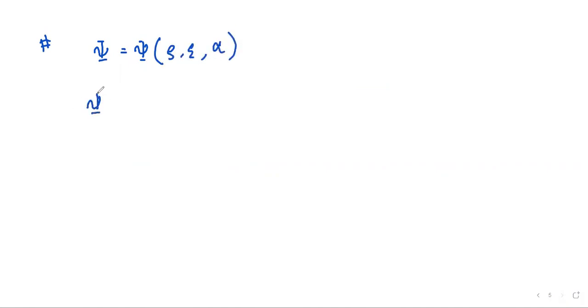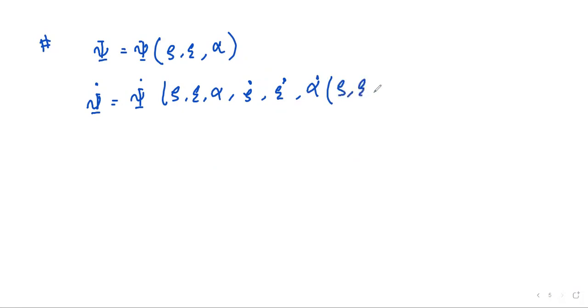So psi dot, the evolution of psi with respect to time, will be a function of rho, epsilon, alpha, rho dot, epsilon dot, alpha dot. But alpha dot, again, is the evolution of the hidden variable that fundamentally depends on the current state of the free variables and the current state of the hidden variable itself.